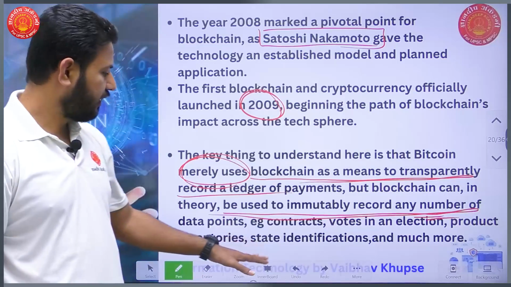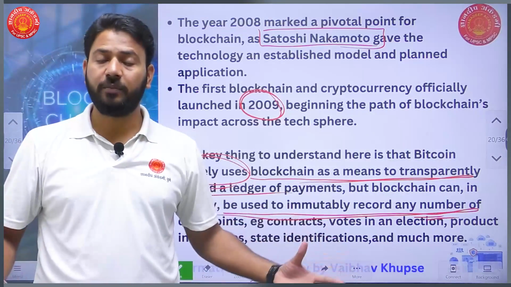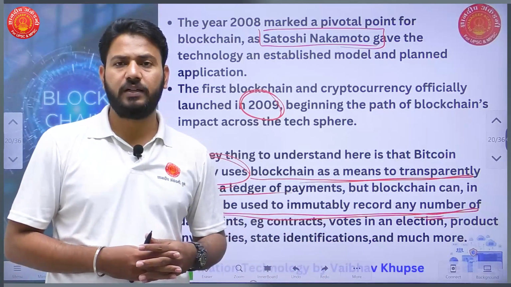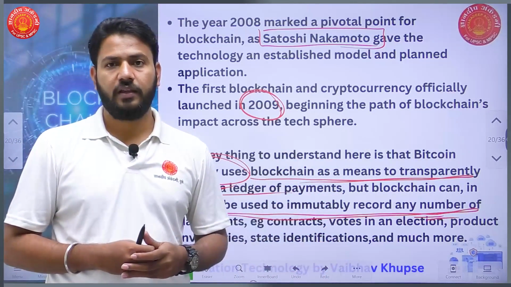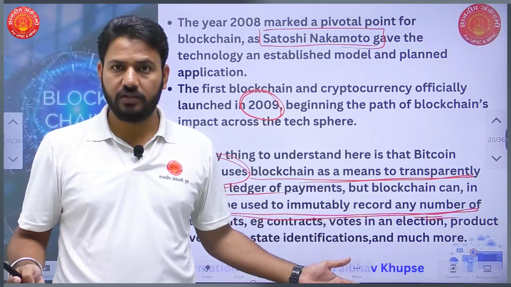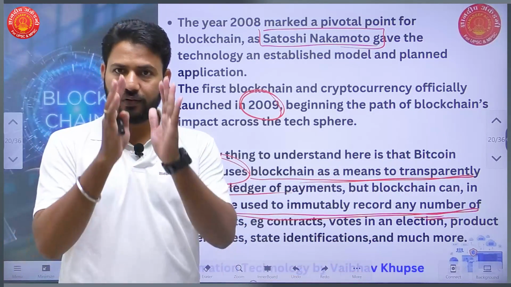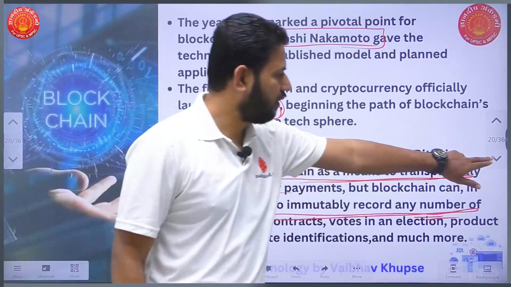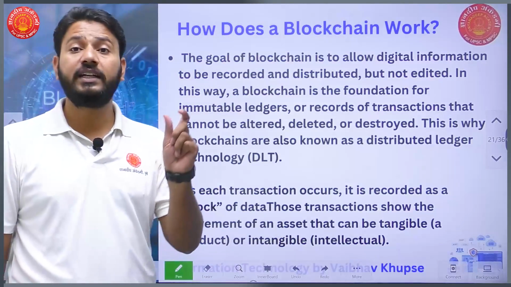Then product inventories, state identification, government repositories, and much more, like supply chain management, international trade, businesses, and it goes on and on. So many applications. Right. So it is not only for recording transactions of Bitcoin, but it goes way beyond what actually it was intended for.